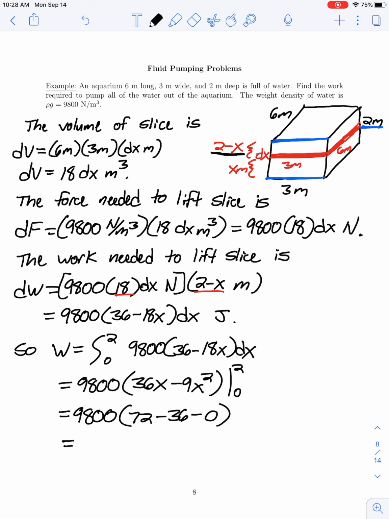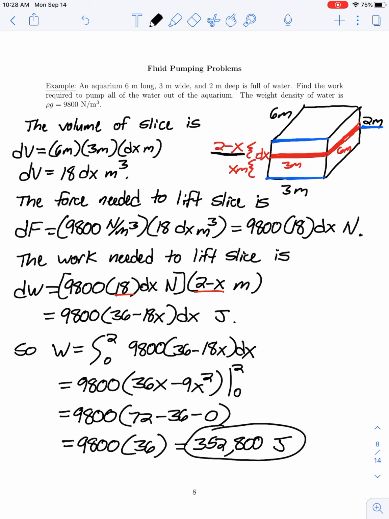So we are left with 9,800 times 72 minus 36, which would be 36. So let's see what this leaves us. 9,800 times this 36 would give us 352,800, where this is being measured in joules.